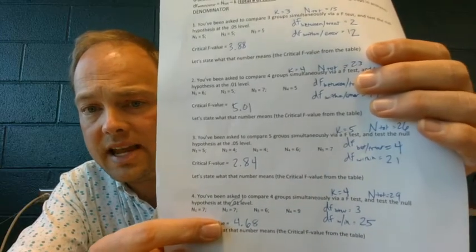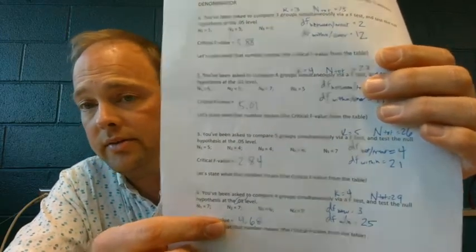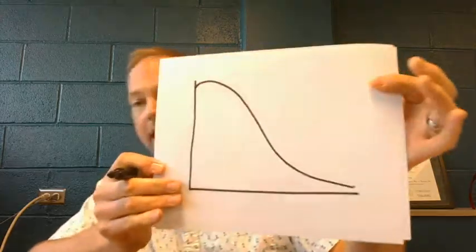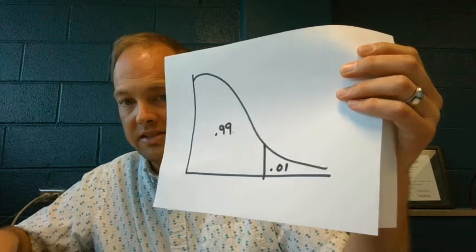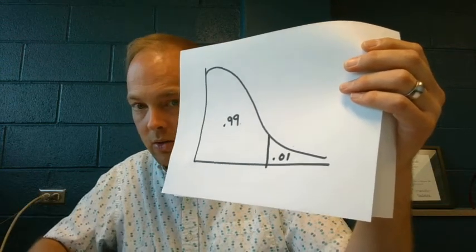We already determined 4.68 is the tabled F value, and again in the previous YouTube clip we walked through how to choose that. Just one step at a time. F probability distribution, our picture, our tail. We were asked to test this hypothesis at the 0.01 level. So that's how large the tail is, 0.01.